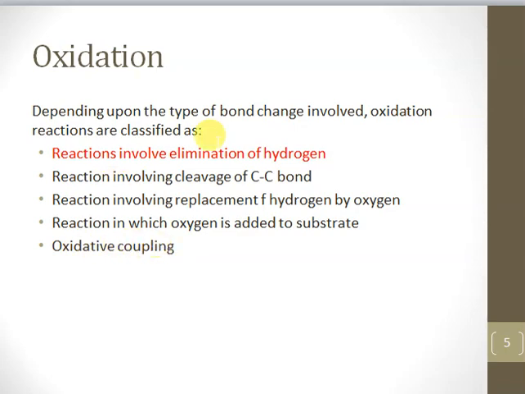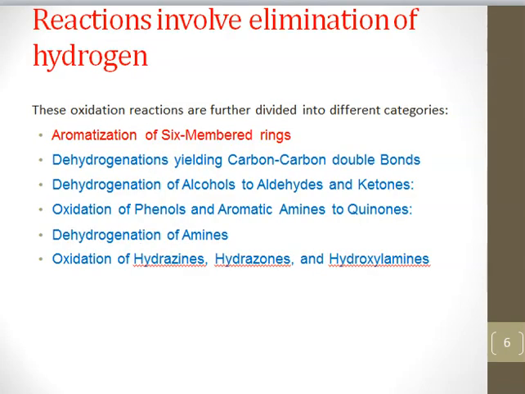Our concern today is reactions that involve elimination of hydrogen. There are different types of oxidation reactions which involve elimination of hydrogen. Among these is the aromatization of six-membered ring, which is the topic of today's lecture.